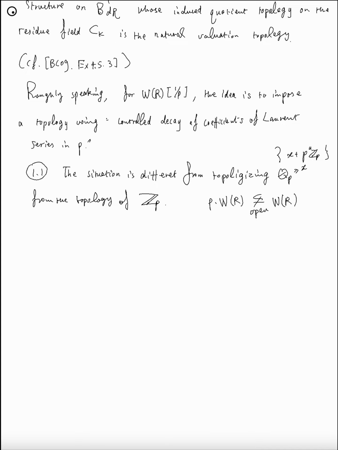In contrast, the PZP is open in ZP. When this R is given, we add valuation topology, compared to discrete topology.